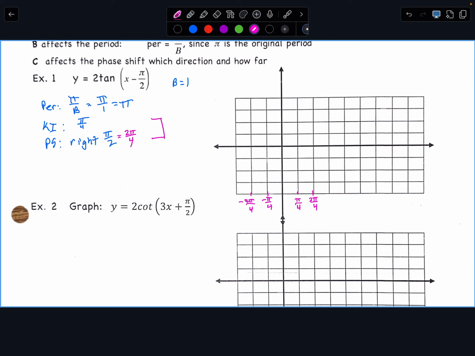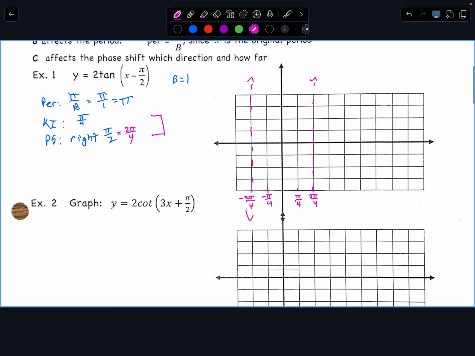And this is before shifting. So for tangent, there would be an asymptote if there wasn't a phase shift, 2 key increments to the left, 2 key increments to the right. And in between, at 0, tangent would be 0. I'm going to switch that out to an x because it's not my final point. But we also have a vertical stretch.